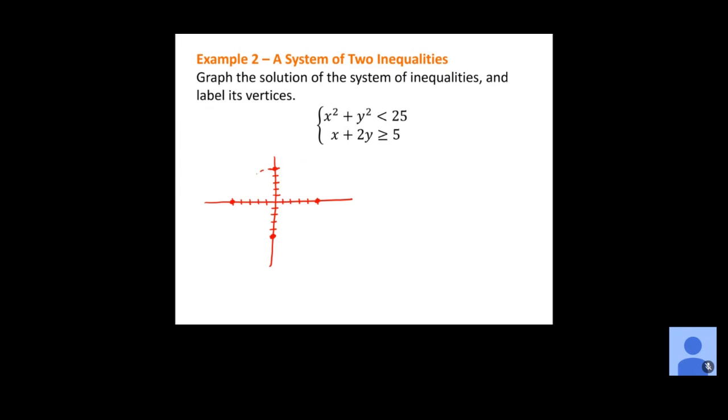So I'm going to make my circle dashed. And then we said this one, because it was less than 25, once we plugged in 0, 0, that was a true statement. And that meant we were shading everything inside this circle.